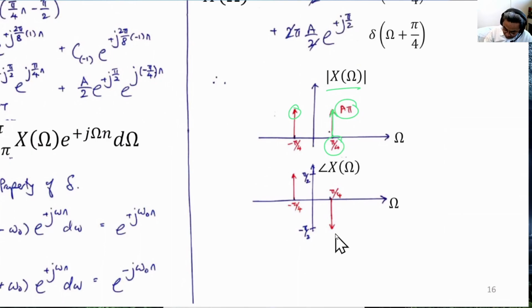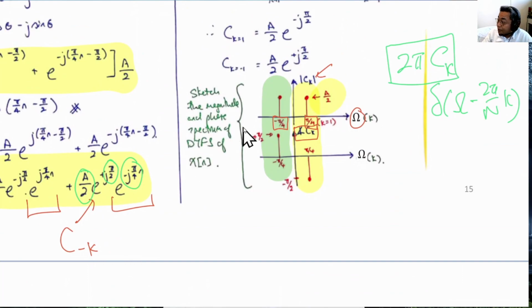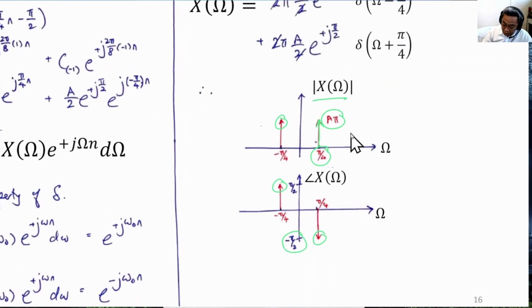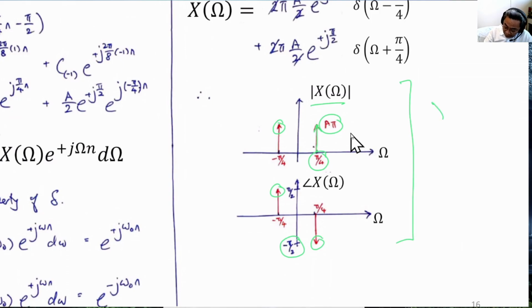The phase over here is minus pi over 2. Look at the one behind, which is at minus pi over 2 at angular frequency pi over 4. Angular frequency minus pi over 4 is plus pi over 2. So there is no change except with the arrow for the phase. So this is the X(omega), where omega is radian per sample.